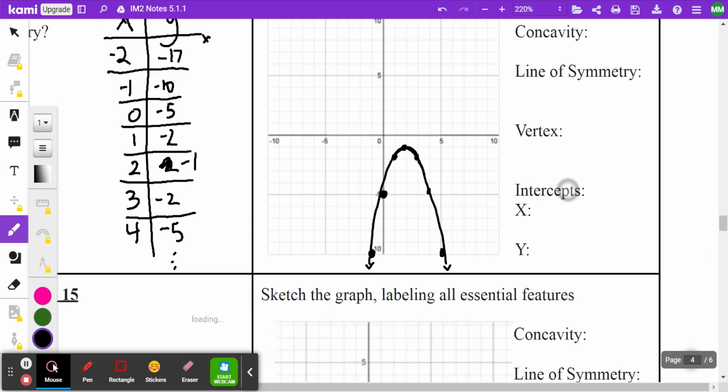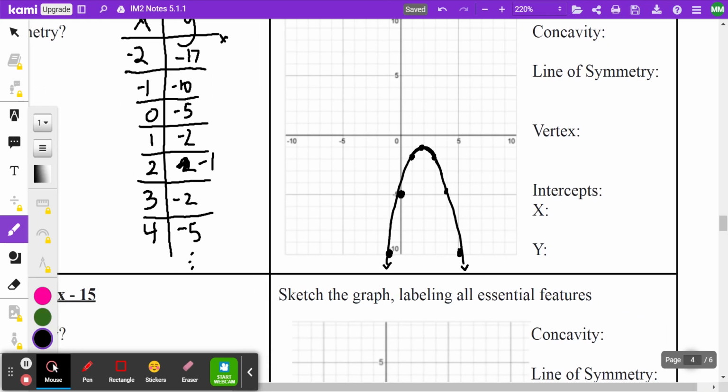All right. A lot of this I can do with inspection. Concavity, it's concave down. The line of symmetry is at x equals 2.